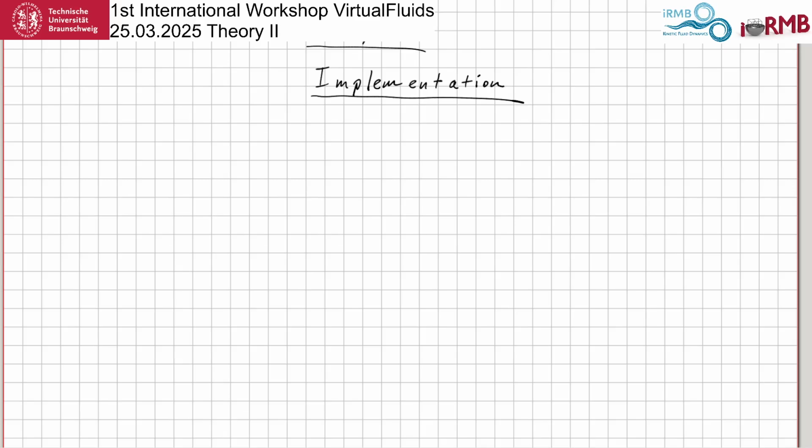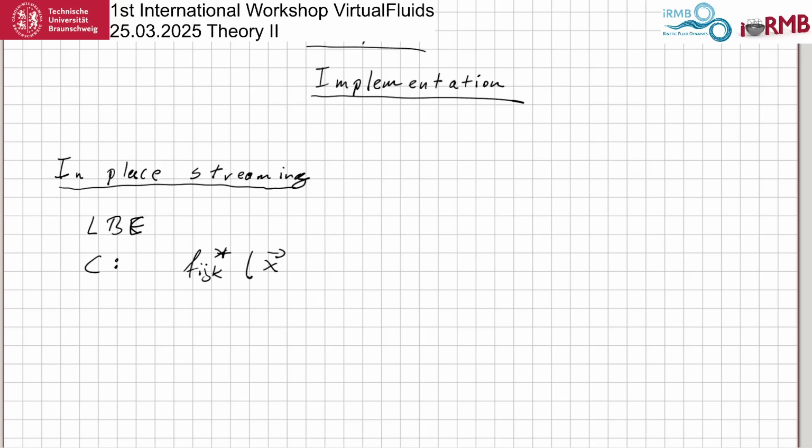So in the code, we use something that's called in-place streaming. This is a completely different topic now. We are not talking about equations now. We are talking about algorithms. For this, let us briefly look again at the Lattice-Boltzmann equation, which for practical reasons I now write in a slightly different, more classical way.